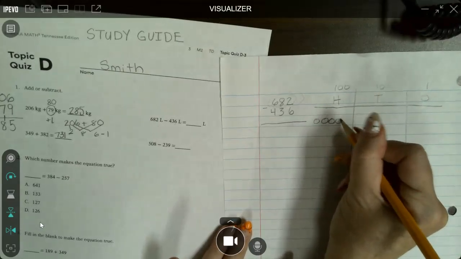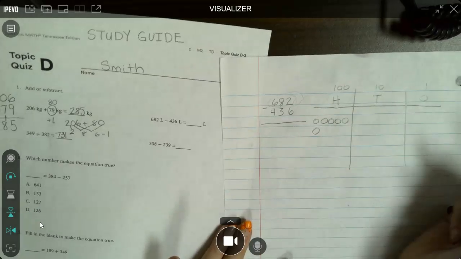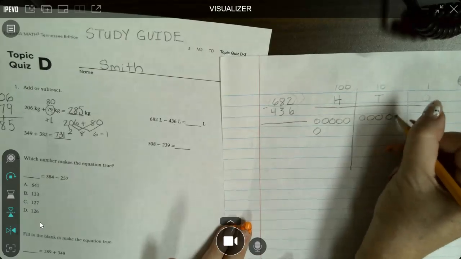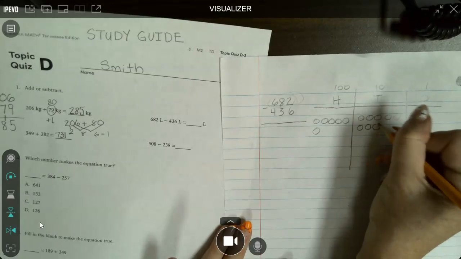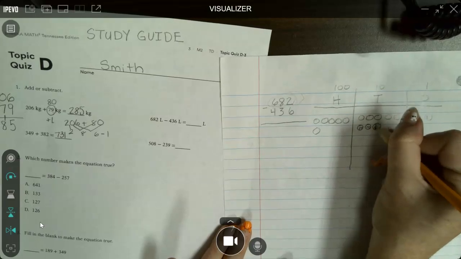I have 6 hundreds. I have 8 tens. I have 2 ones.